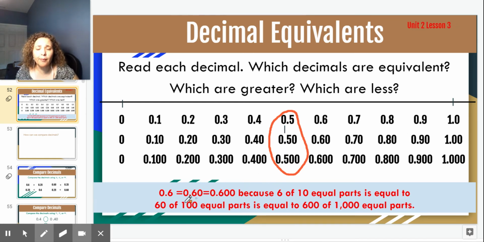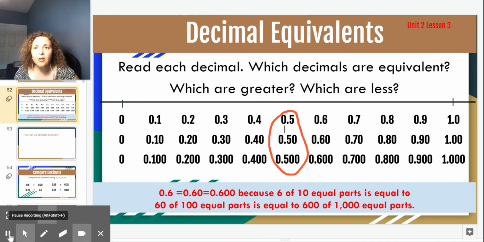So an example here: 6/10 is the same thing as 0.60, as the same thing as 0.600, because 6 out of 10 equal parts is equal to 60 out of 100 equal parts, which is the same thing as 600 out of 1,000 equal parts. All right. So in your math notebook, write that down.